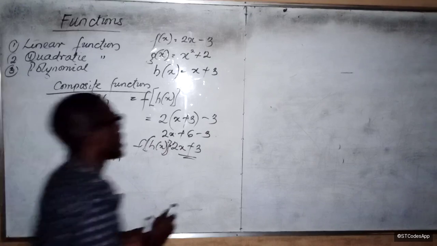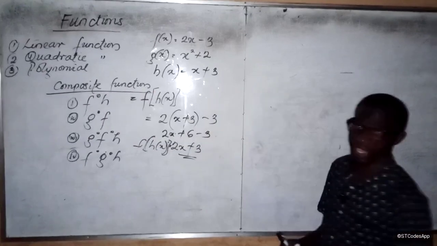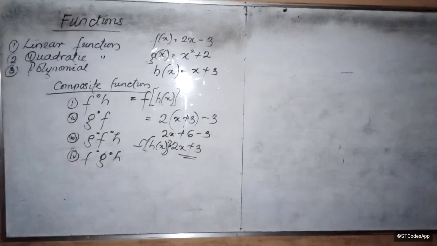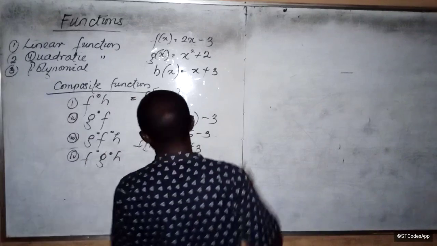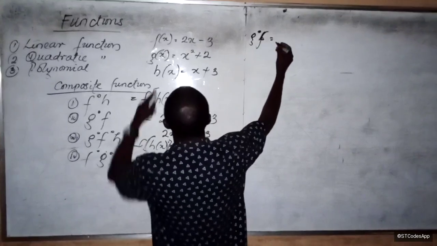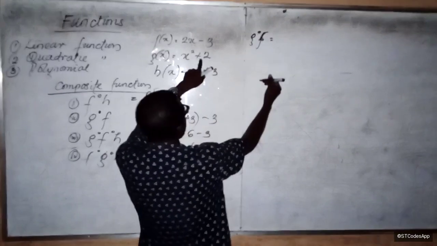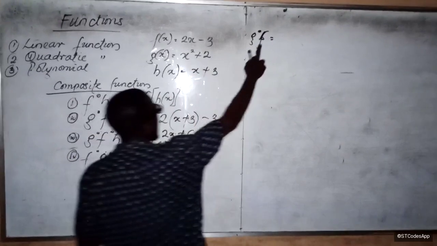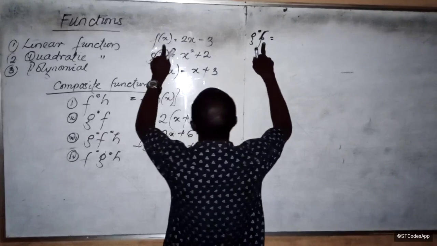g of f. Now what is g of f? g of f will be equal to, now my g is x squared plus 2. So the same way, anywhere I find x, I'm going to plug in my f, the entire function f.